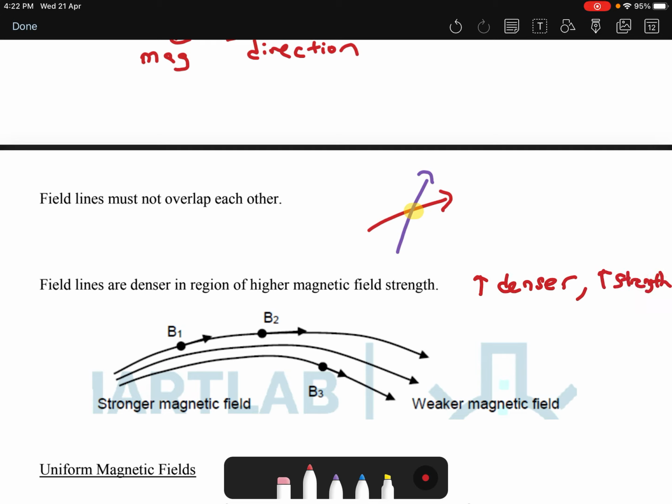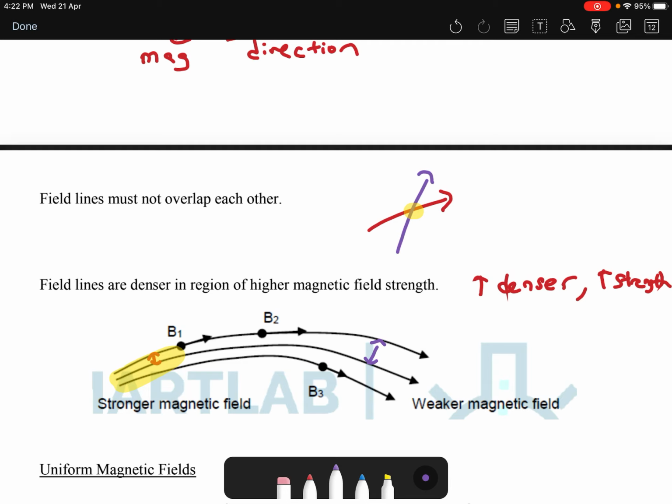Look at this. You notice that the density of lines is very close to each other, so I can conclude that in this region the magnetic field is stronger as compared to this particular region, where the magnetic field is weaker because the field lines are further away from one another.